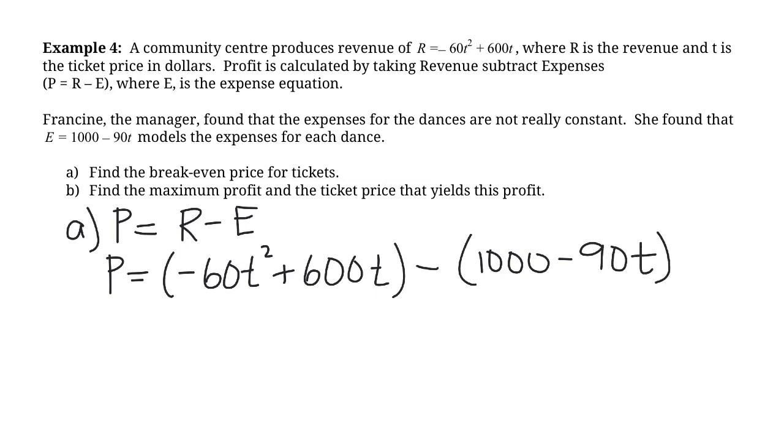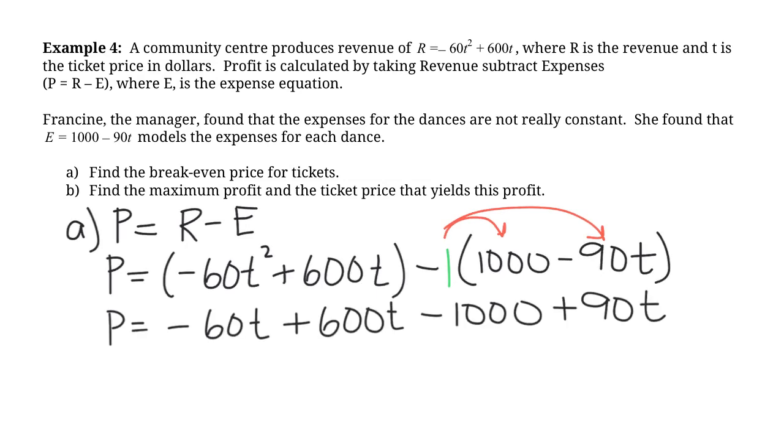Before we can do anything, we need to simplify this equation. We have a negative 1 in front of our second bracket, our expense equation, so we are going to have to distribute that into our bracket. Once we distribute, we've got negative 60t squared plus 600t minus 1,000 plus 90t.